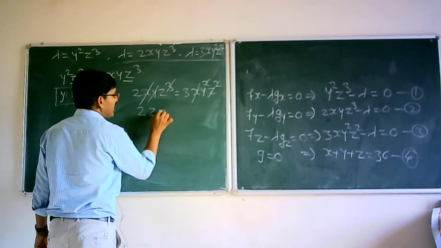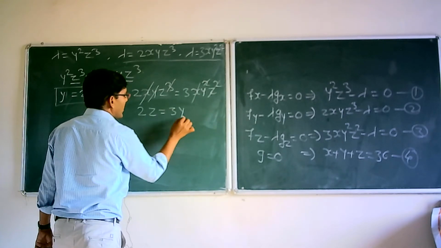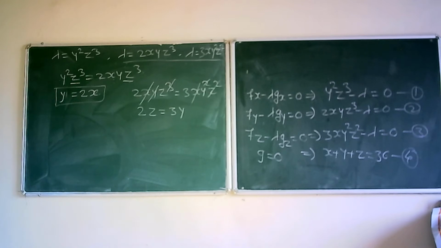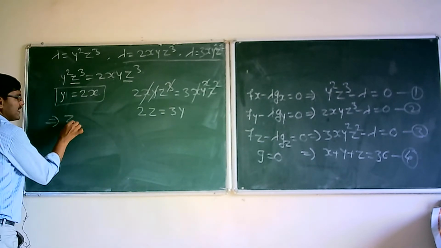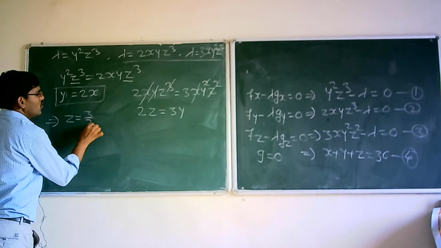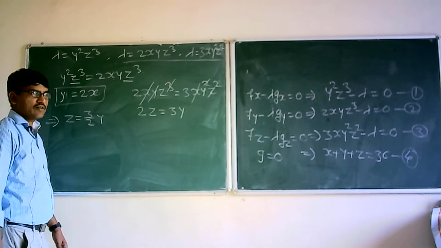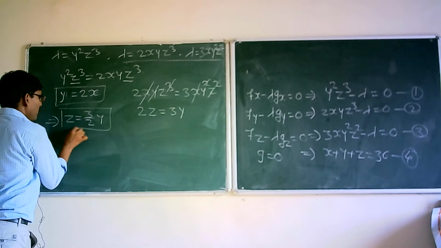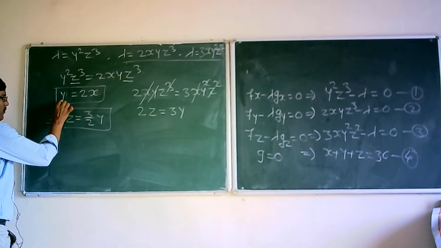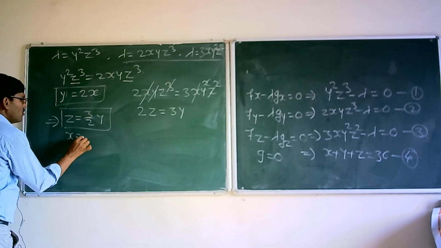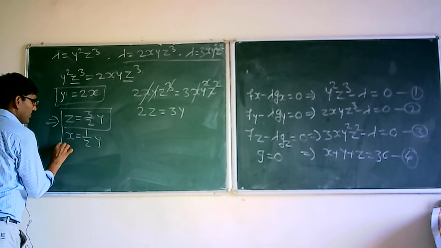So twice z is equal to thrice y. From this we will get z is equal to 3 by 2 y. So x is equal to what? From this we obtain x is equal to 1 by 2 y.